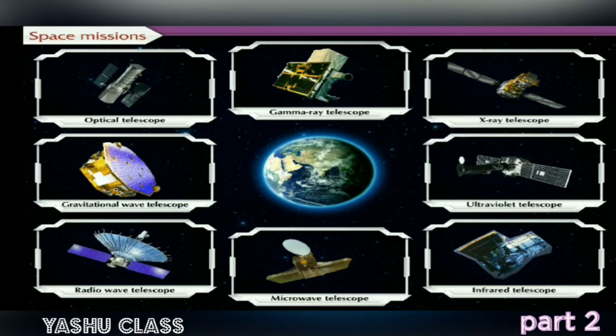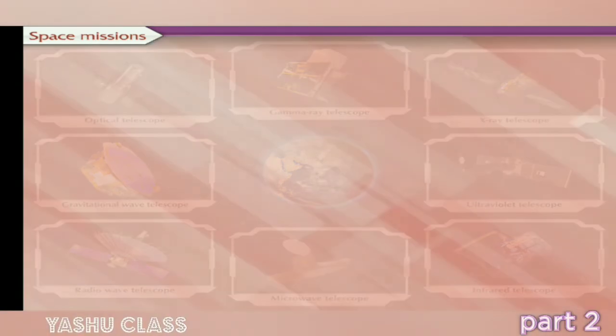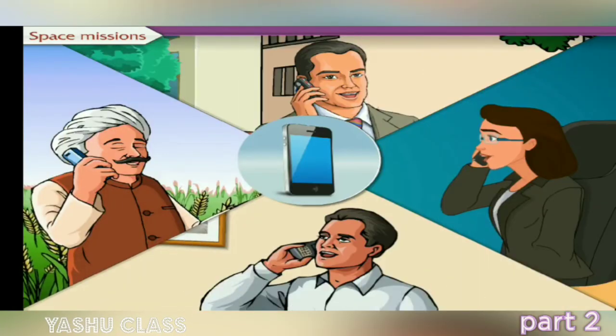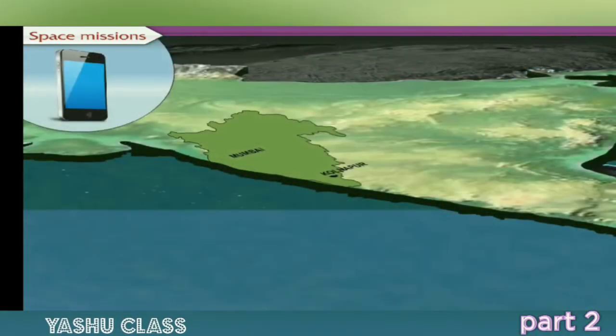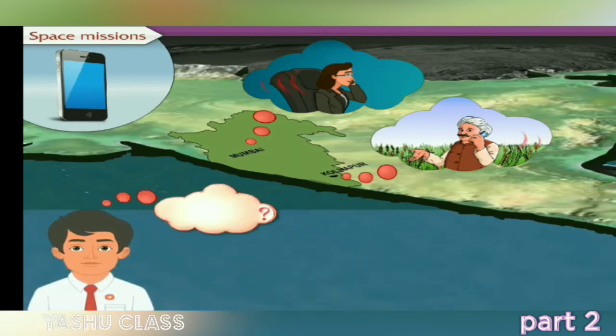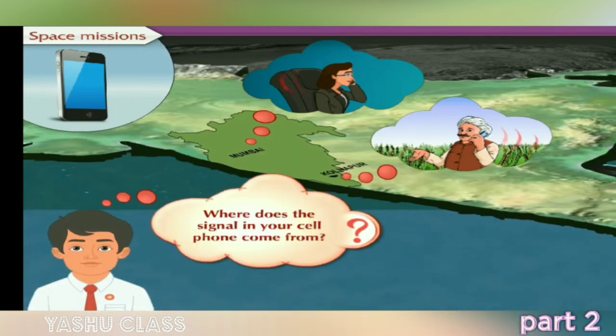Come, let us now answer a few more questions. We all make use of cell phones nowadays. It has made our lives simpler. We can easily contact a person staying at a distance. But have you ever wondered, where does the signal in your cell phone come from?